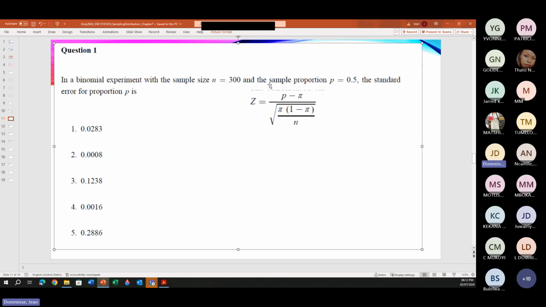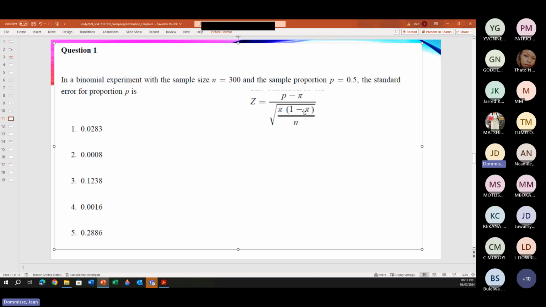Sample proportion looks a bit different, but if we compare it to the sample mean, you've got your X, you've got your mean. So there's always the things that you're going to test against. And think back to the study unit when we did binomial distributions, because that is what a proportion is, basically something happening, something not.